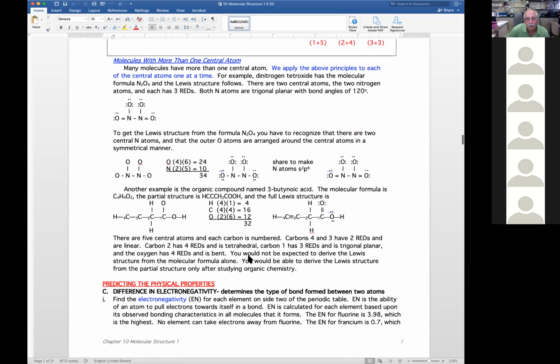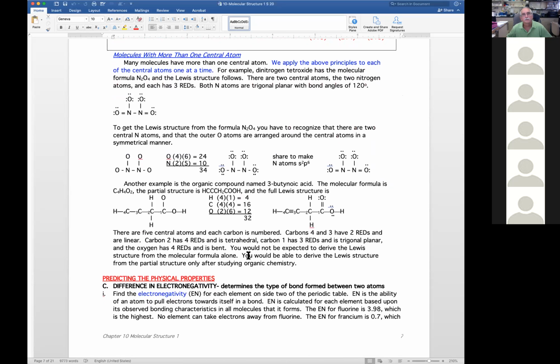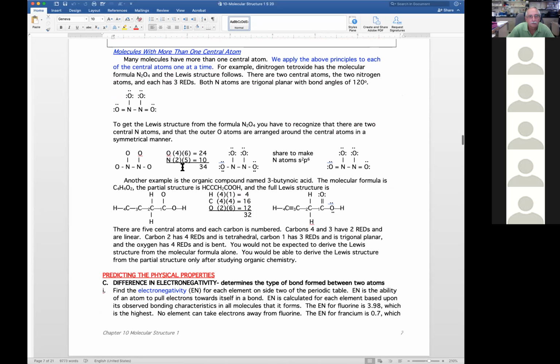Well, what if you have a molecule with more than one central atom? So look at this molecule right here. Okay. Let's figure out how we got that. So here's the formula. It doesn't tell you what atom is bonded to what atom.